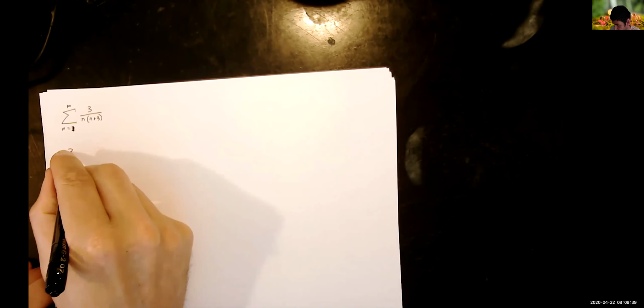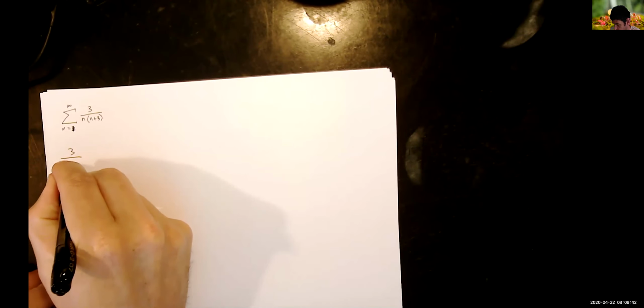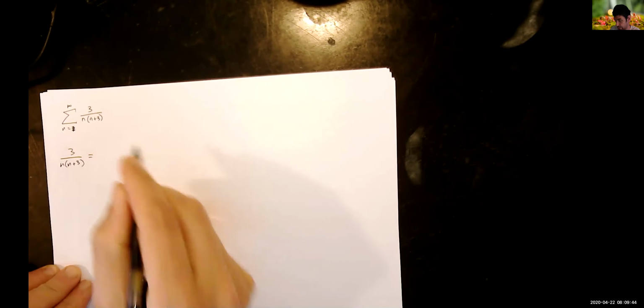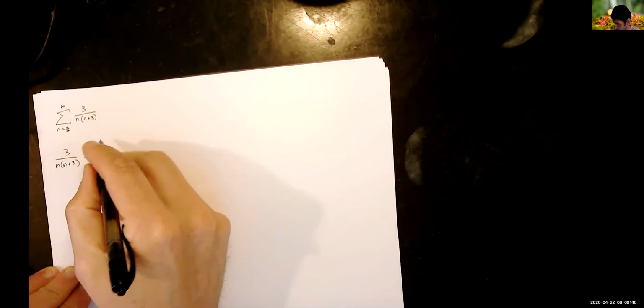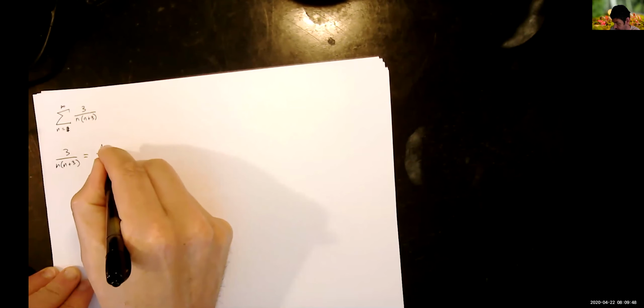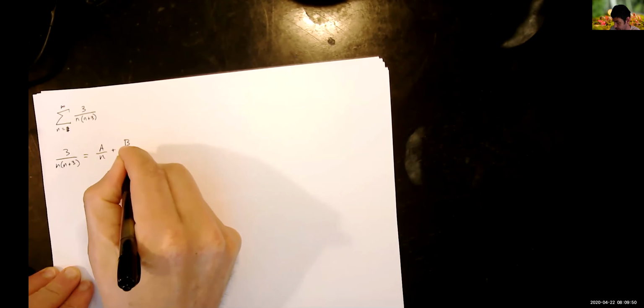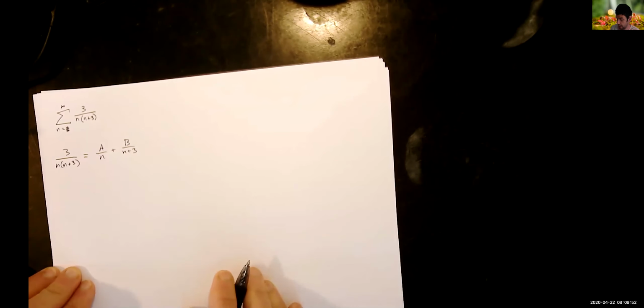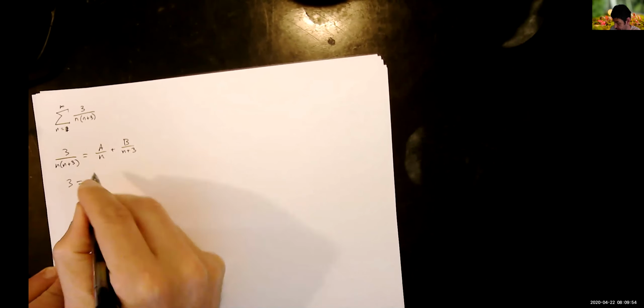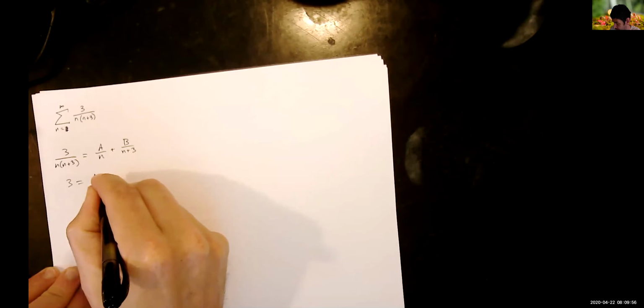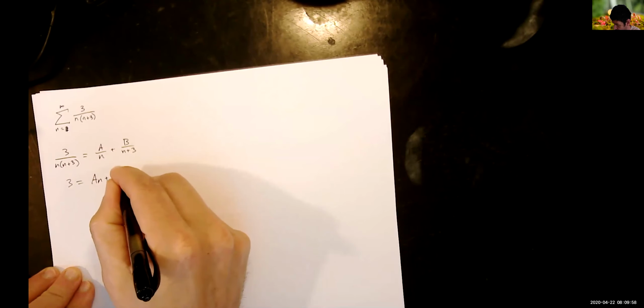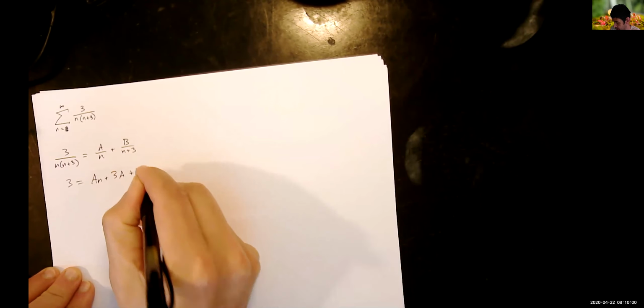So first, we're going to do partial fractions and write this as A over n plus B over n plus 3. If we do our partial fractions, what do we get? A times n plus 3A plus Bn.